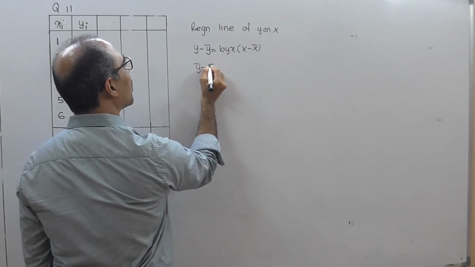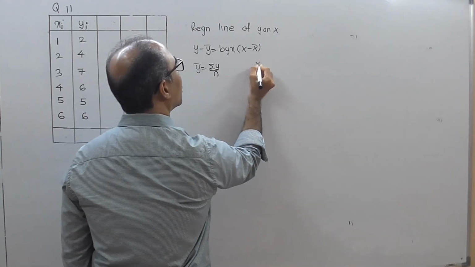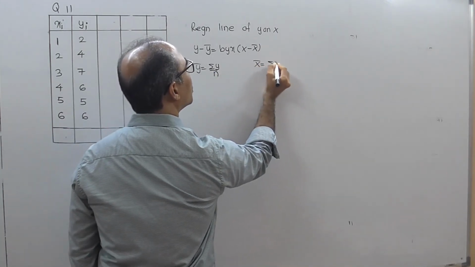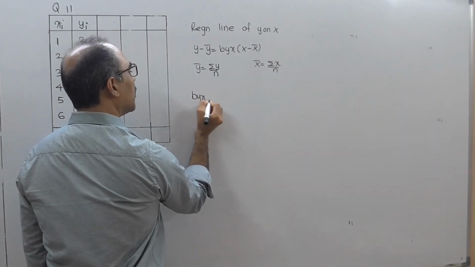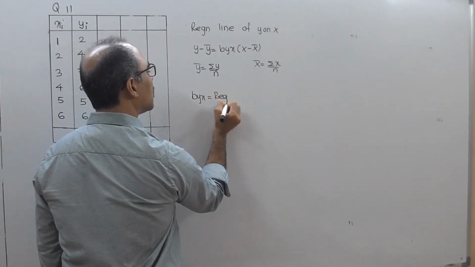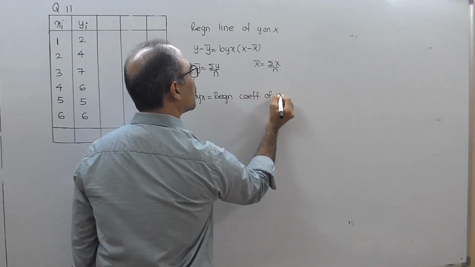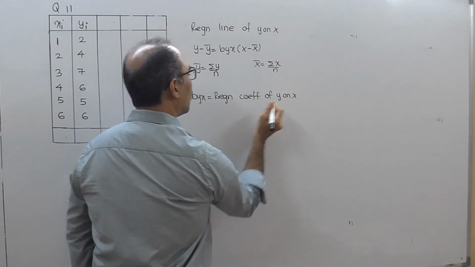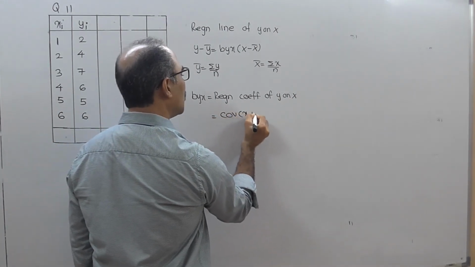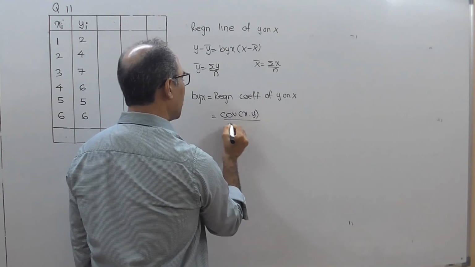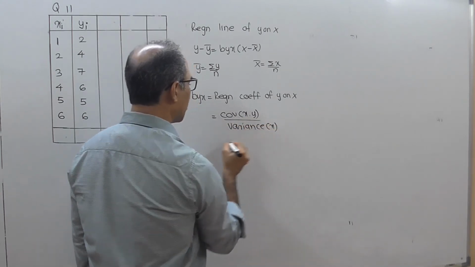I'll say that y bar equals sigma y upon n, and x bar equals sigma x upon n, and byx is the regression coefficient of y on x, which is equal to covariance of xy upon variance of x.